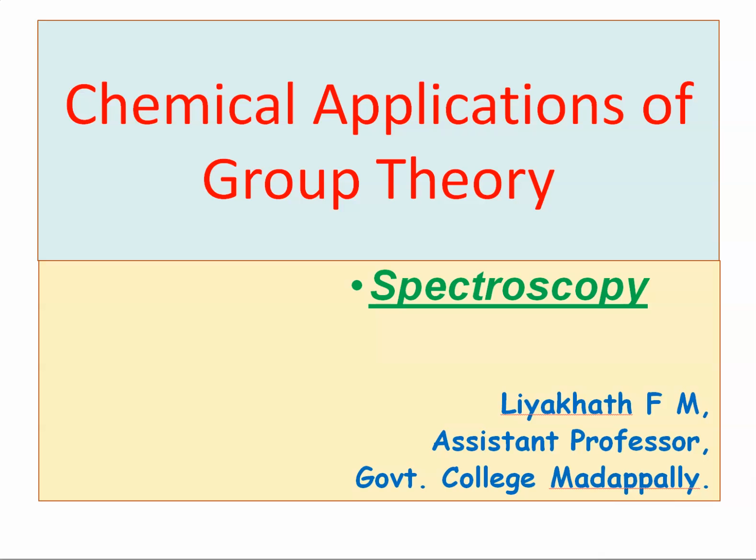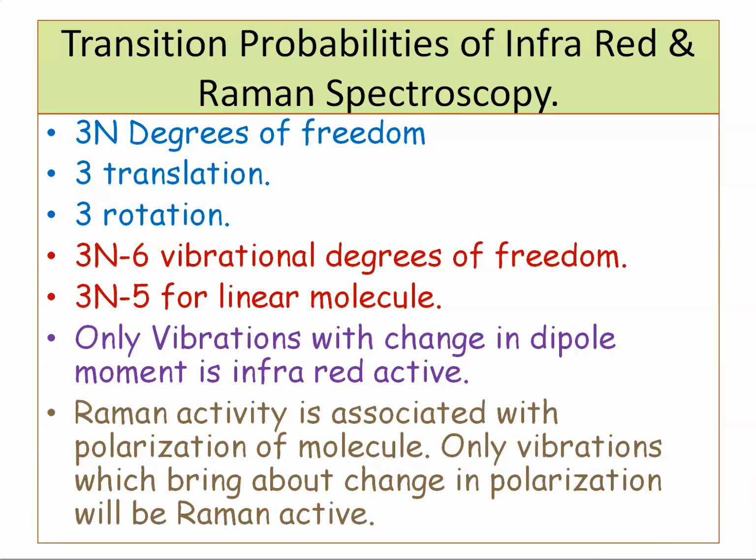Using group theory, we can find out the possible modes of vibrations of a molecule, and which modes will be IR active or Raman active can be predicted. One of the very interesting areas of group theory. We can find out the transition probabilities of infrared and Raman spectroscopy.